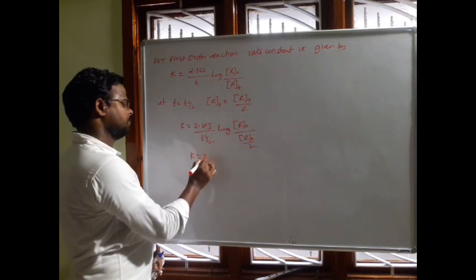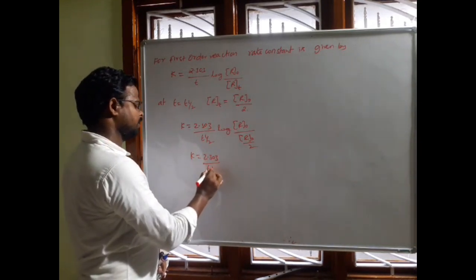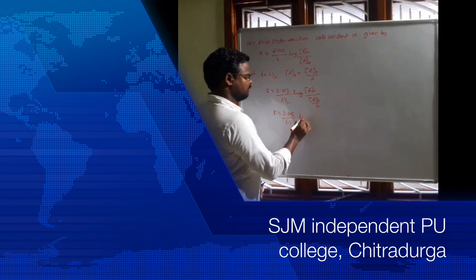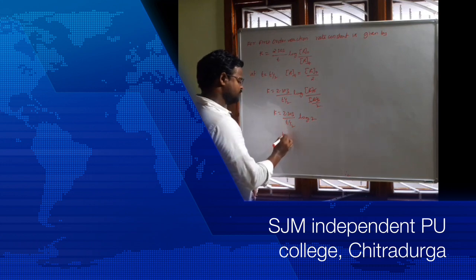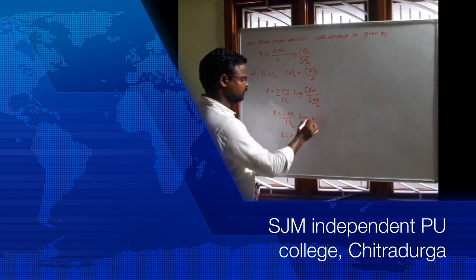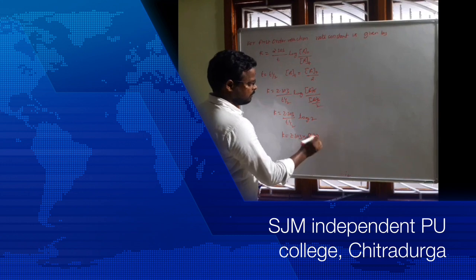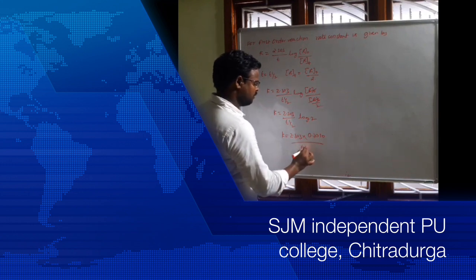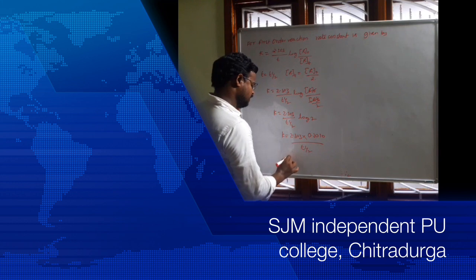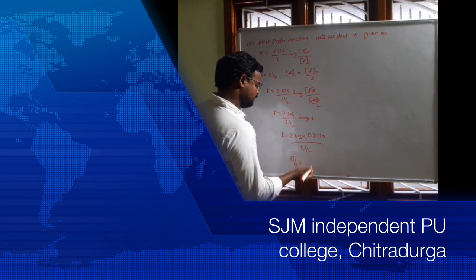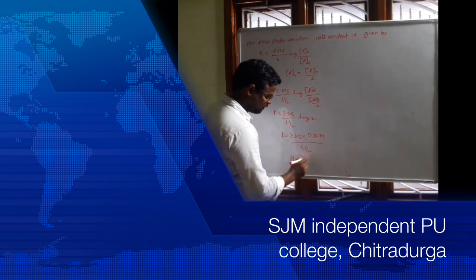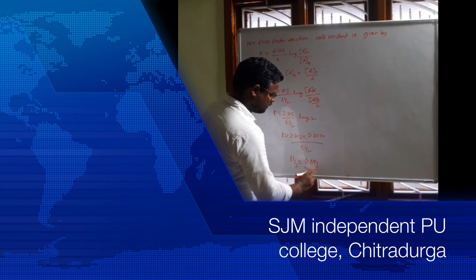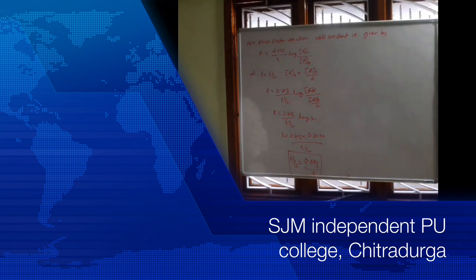Then K equal to 2.303 by T half into log of, here R naught cancels, we get log 2. Log 2 value is how much? 2.303 into log 2 value is 0.3010 by T half. So therefore, T half equal to 2.303 into 0.3010, which is nothing but 0.693 by K. It is the half-life of first order reaction.